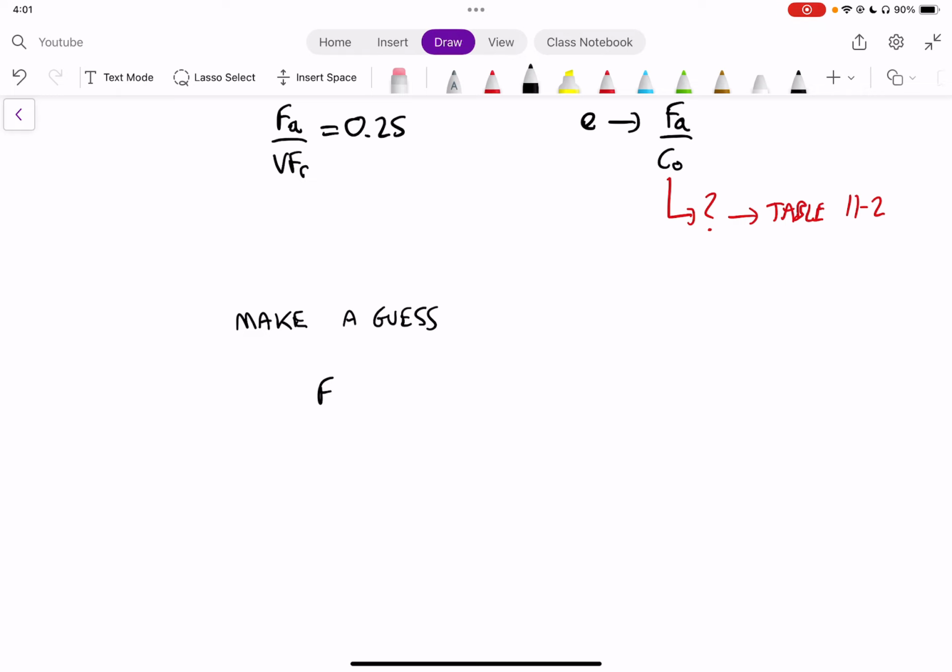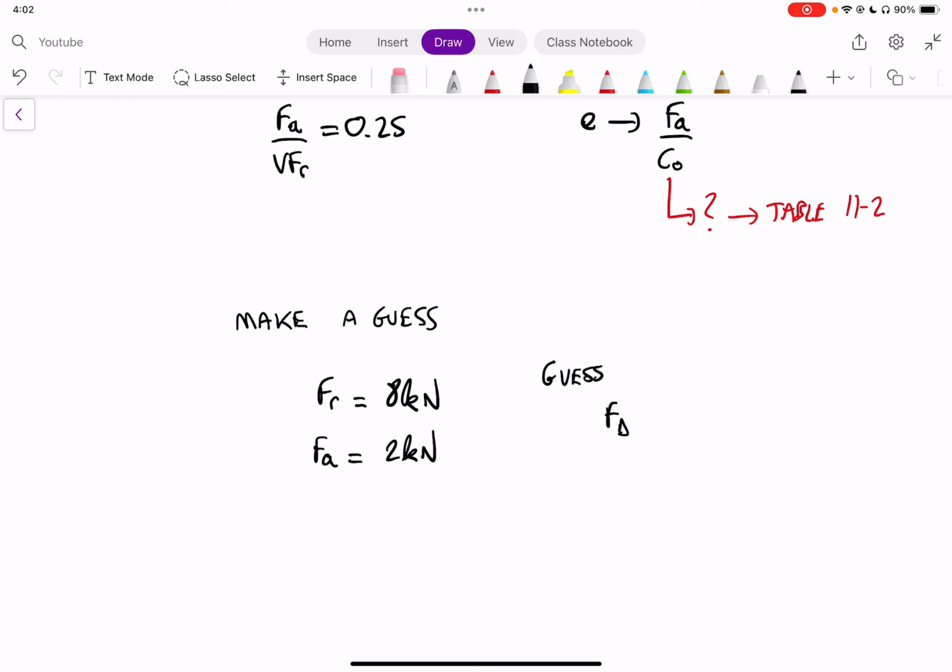If we have FR equal to 8 kilonewtons and FA equal to 2 kilonewtons, we see that the axial force is only 25% of the radial force. And typically when the axial force is pretty far from the radial force, at 25% or even 40%, we're going to guess an FD.